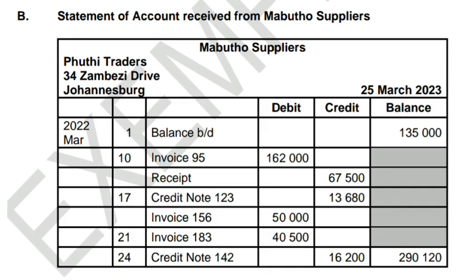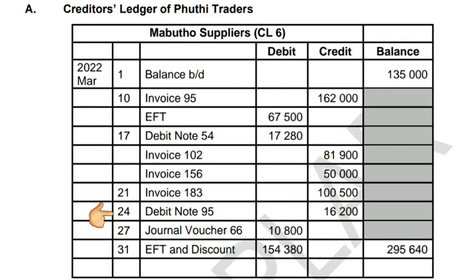The problem here is that in the statement from Maputo suppliers on the 24th of March 2022, you see that there is a credit note 142 for 16,200. But when you go to our books in the creditors ledger on the 24th of March, you see a debit note 195 of 16,200.